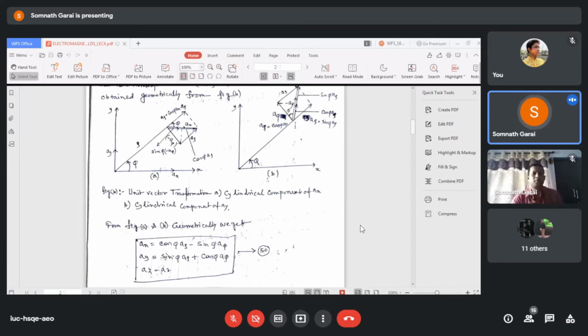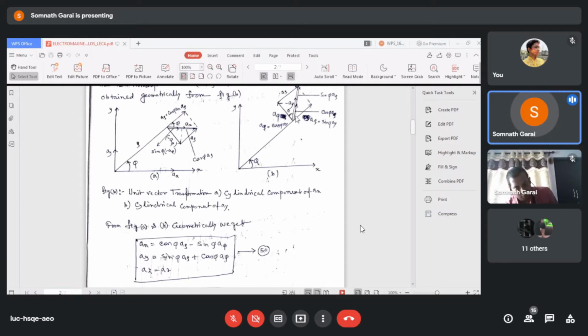If this is a vector, okay, the a rho vector. This direction is the a rho vector, right? Okay. Now there are two components: one is the vertical component, another is the horizontal component. Now if this phi angle is constituted with a phi, then a rho does not constitute a phi angle or theta angle, right?